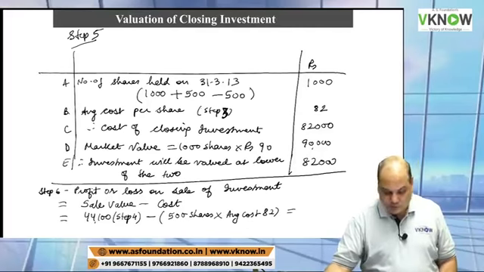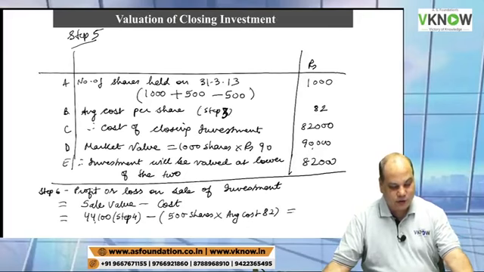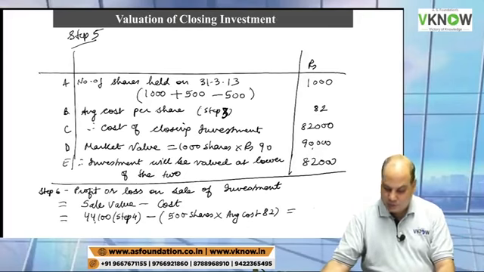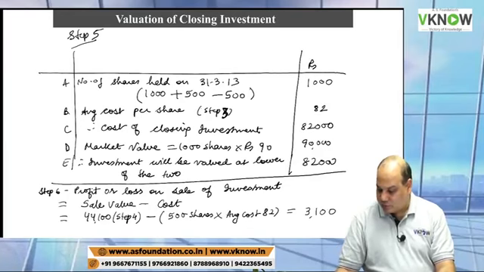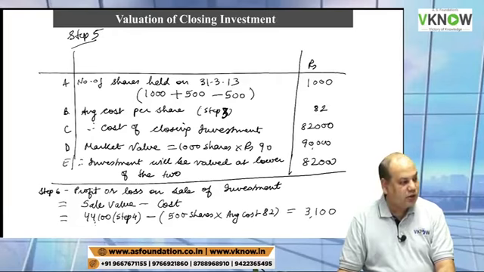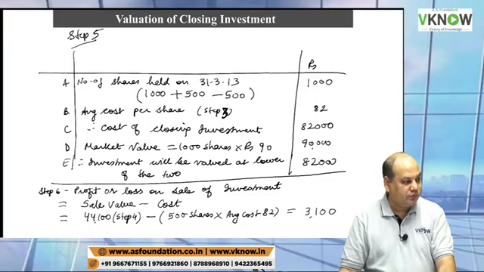What is the profit on sale? 500 into 82 is 41,000. So 3100. Falak Mehta, 3100 is right.